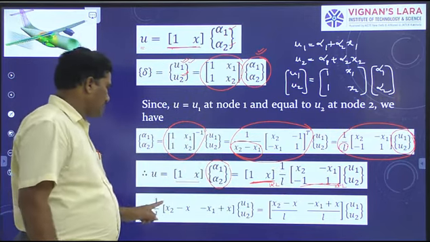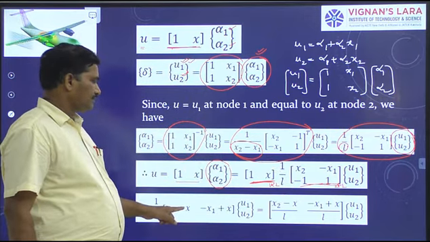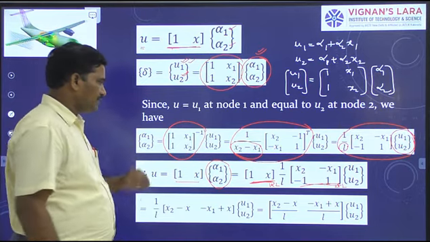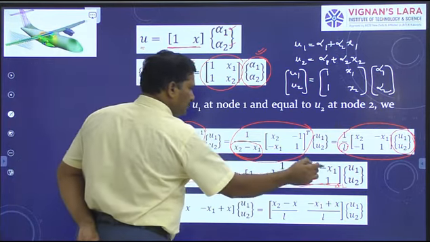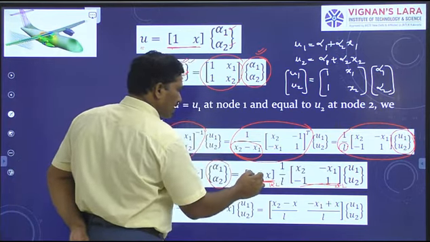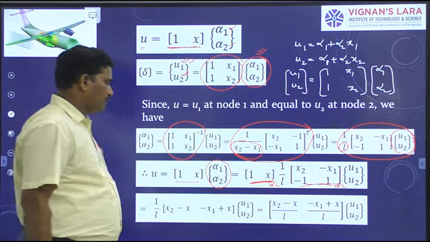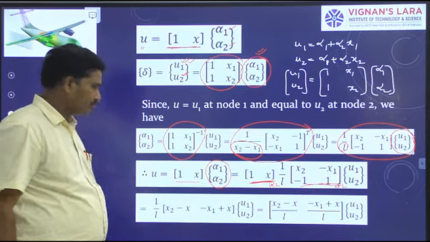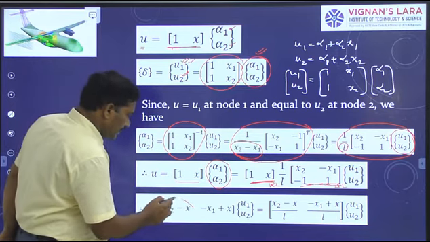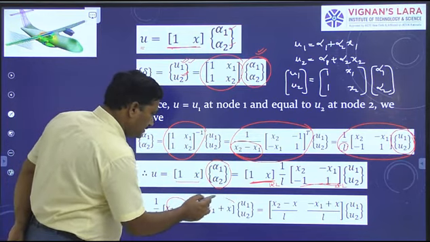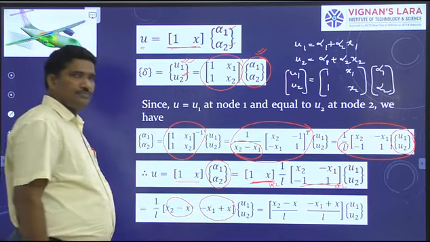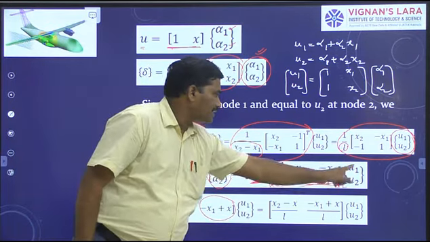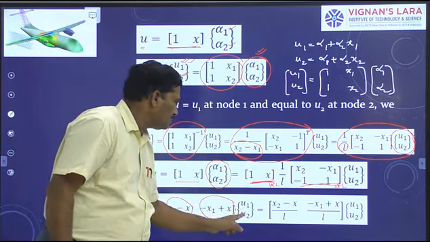Therefore, you get x2 minus x. Next, 1 into minus x1 plus x into 1. Therefore, you get minus x1 plus x. This is one element and this is another, into a column matrix having the elements u1 and u2.